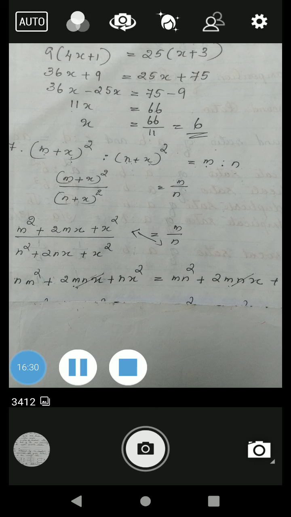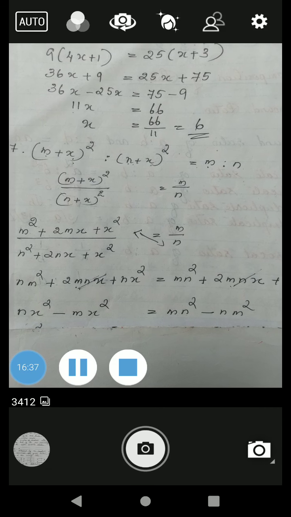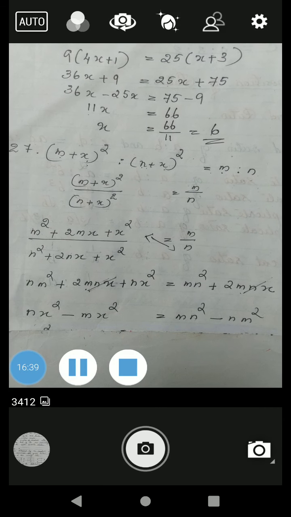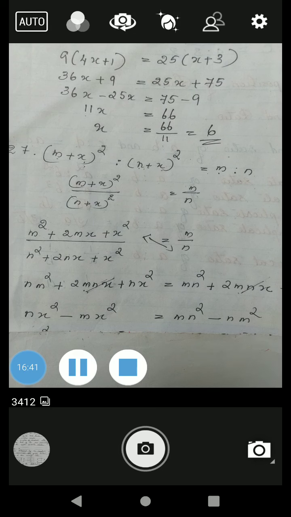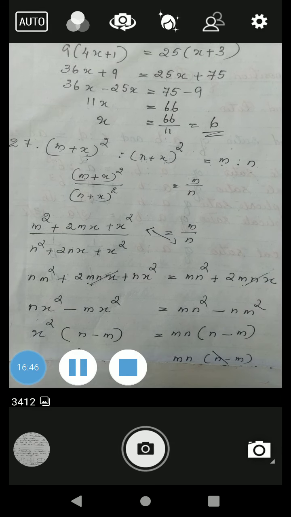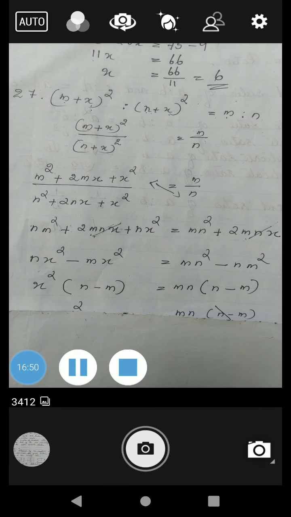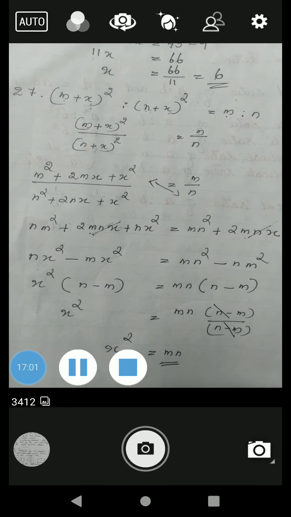And here we can cancel these two terms on both sides and transpose the terms containing x to one side and the other things to the right side, and take x square outside. X square into n minus m is equal to mn into n minus m. Transpose n minus m to the other side. We get x square is equal to mn.